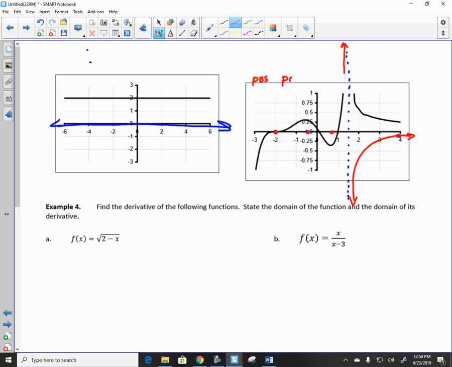Positive, it needs to sit above the x-axis. How about here? Negative, and here? Positive. So I'm going to say the graph is going to look something like this. Above the x-axis, still above, and then it dips below. That's a really good view of a possible derivative.